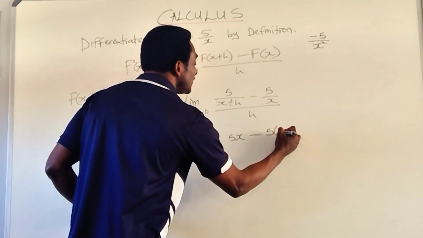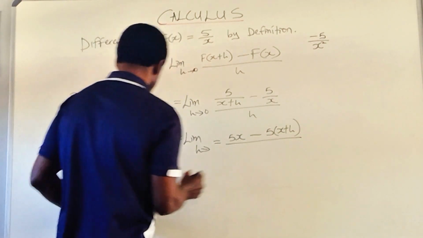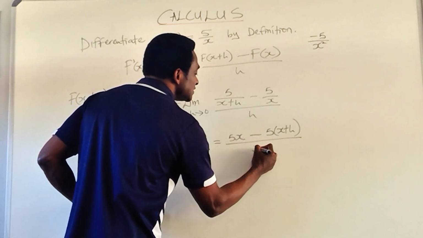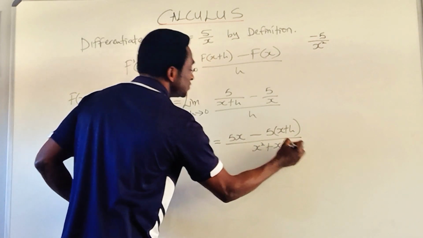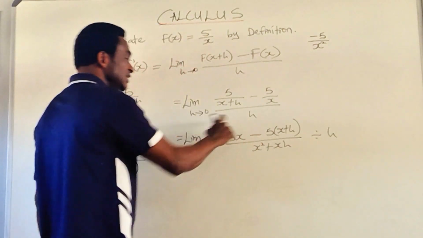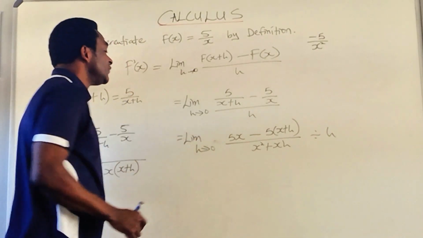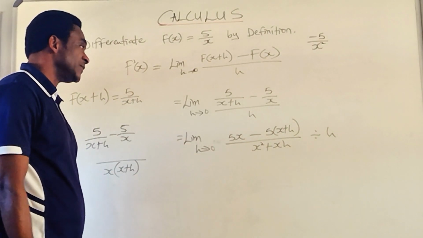So we have 5 into x plus h, and our denominator is x squared plus xh, and that is the limit of that function as h tends to 0.